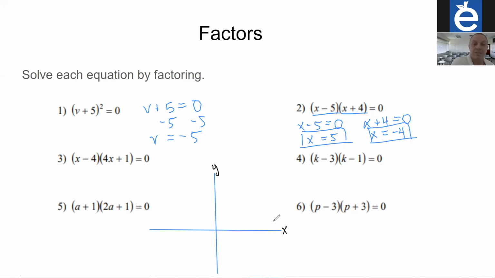So, for instance, number 1, I know we're using v, so humor me on this. Let's say v is the horizontal axis. At negative 5, it crosses the x-axis or the v-axis.